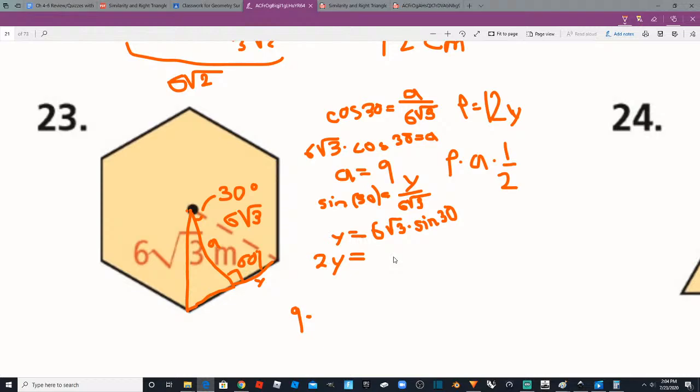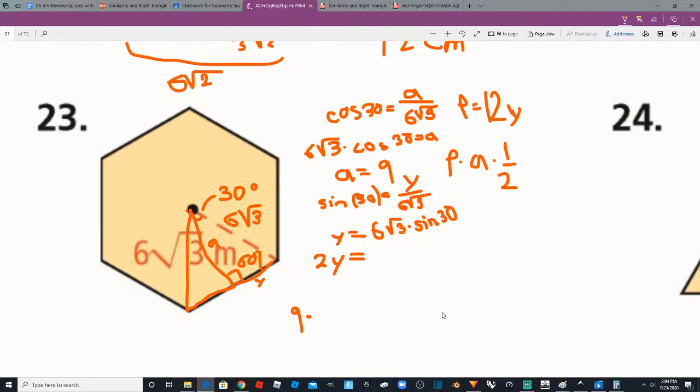Give me a minute. We have 9 times 12y. Okay, so 12y would be... see, here's the part where it gets stuck.